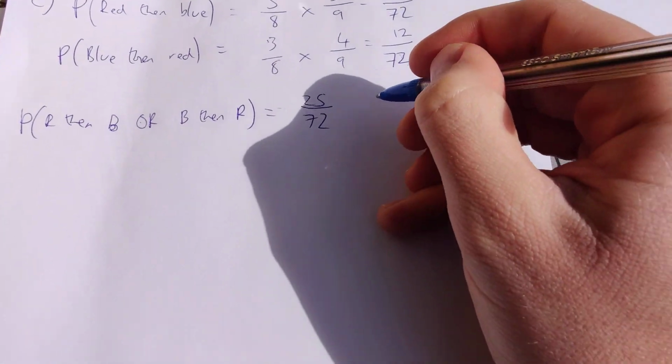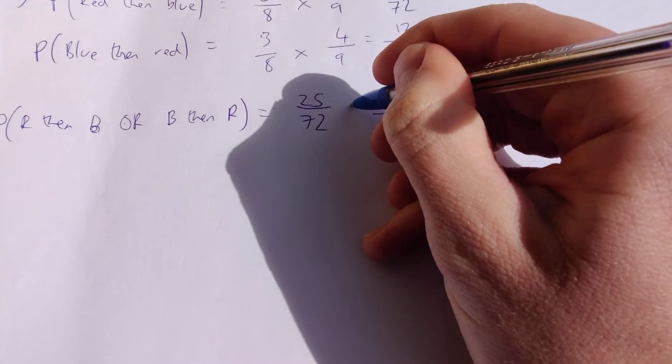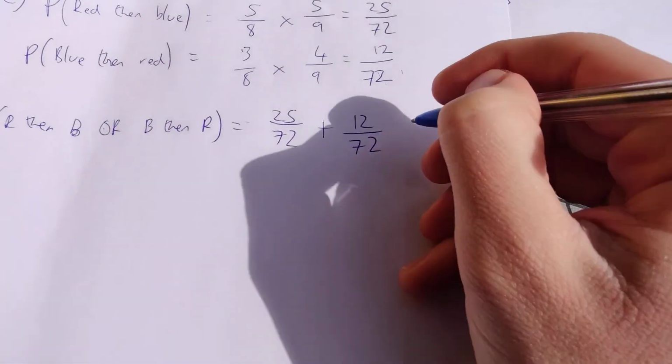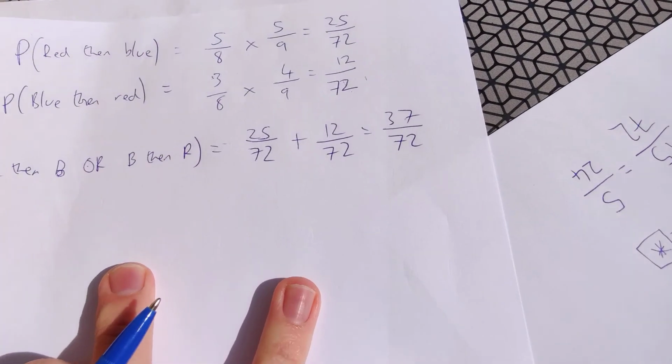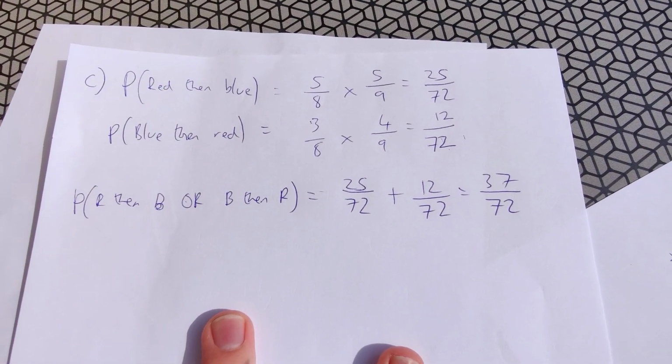Blue then red is 12/72. Apologies for the shadow, I will take a picture of this nice and clearly at the end so you can see it, which is going to be 37/72. So that's the probability of one of each colour. I had to do the two different ways of doing it and then added it together.